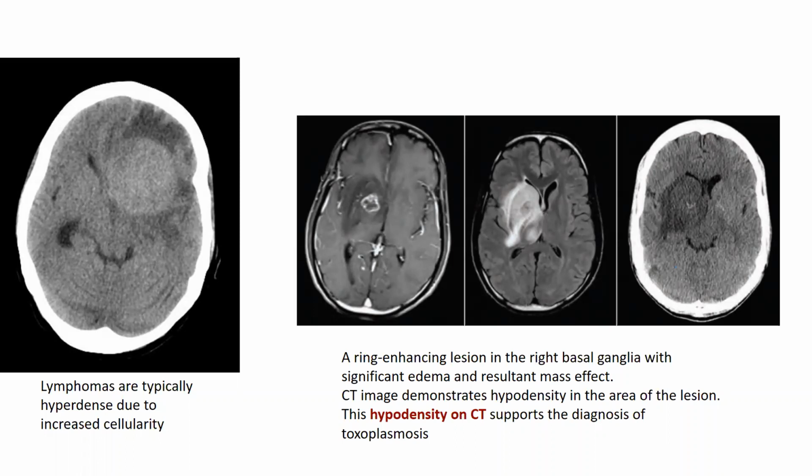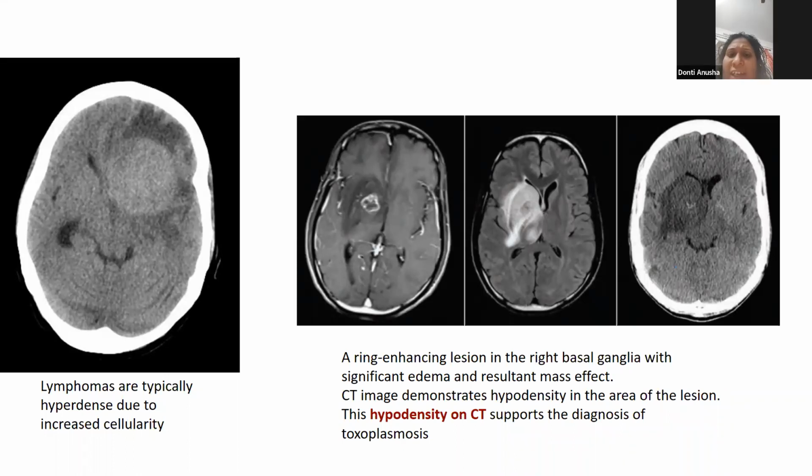So primary CNS lymphoma and CNS toxoplasmosis are close differentials. So can you tell me some pointers which help us to say that the lesion is toxoplasma or the lesion is lymphoma? One, I have already told you that the CT is showing a hypodensity in a patient with toxoplasma, whereas in a primary CNS lymphoma, there is hyperdensity on the CT due to increased cellularity. Tell me some other differentiating points.